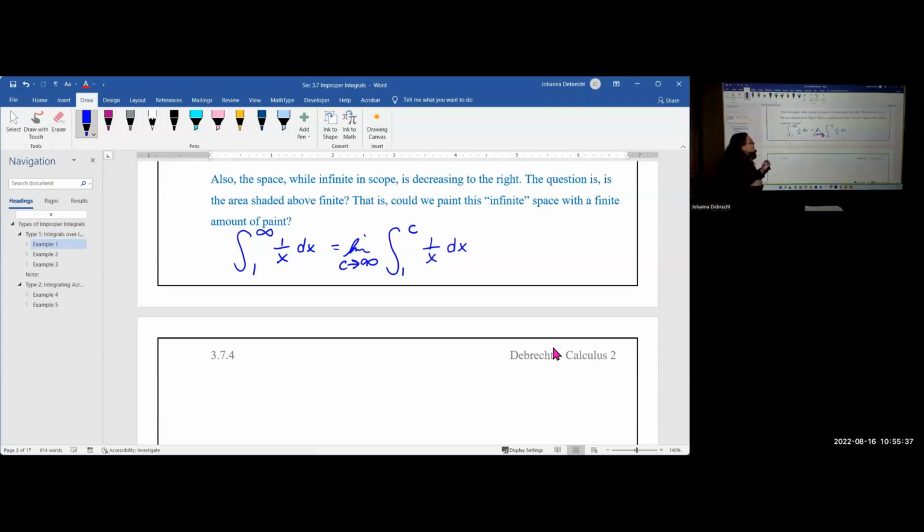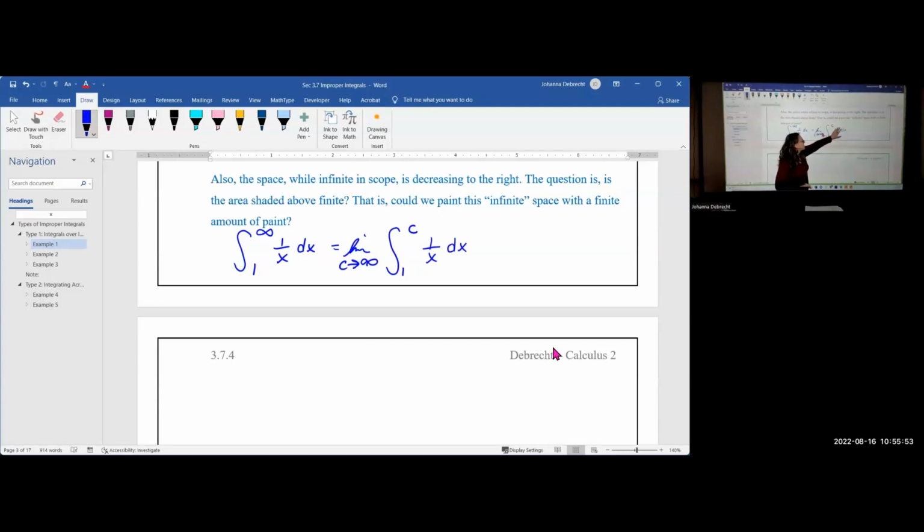Now, when I'm looking at this particular one, remember that we have to completely and utterly finish the definite integral before we can start the limit. Don't mix the two. It leads to disastrous results.